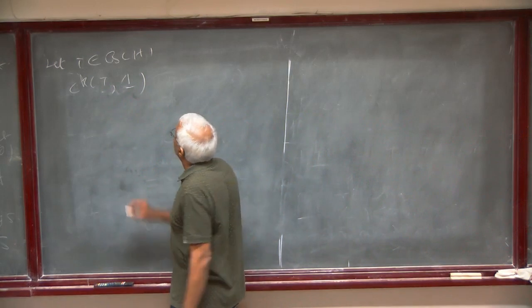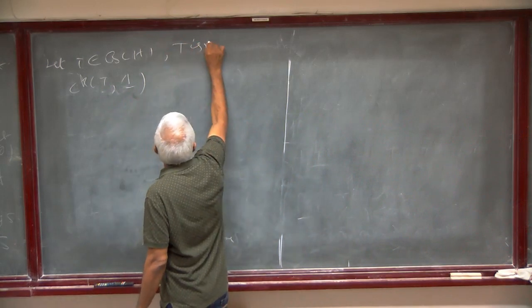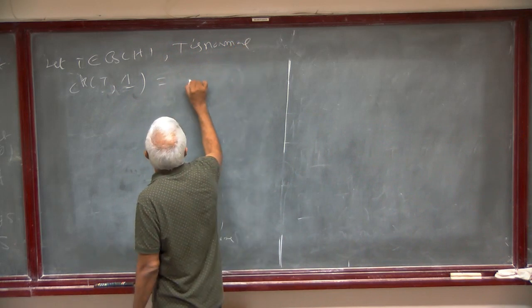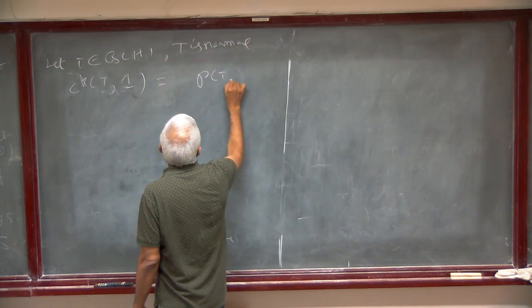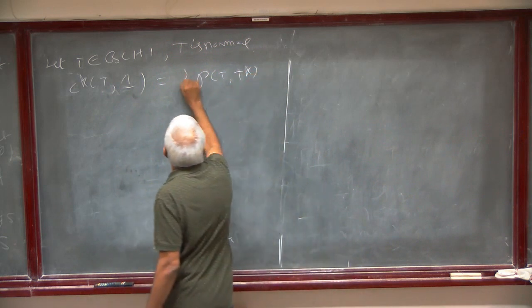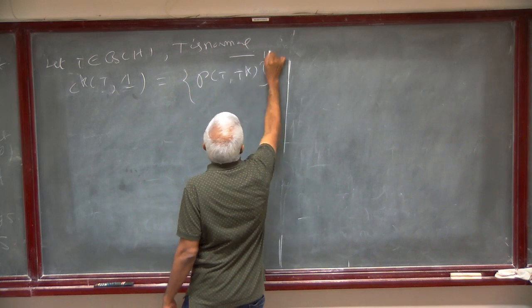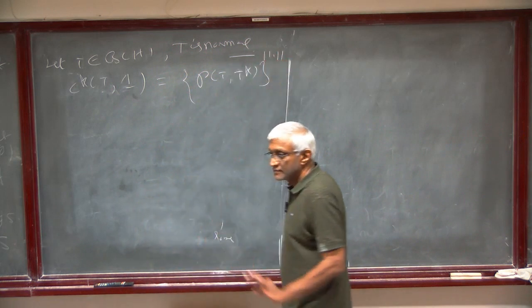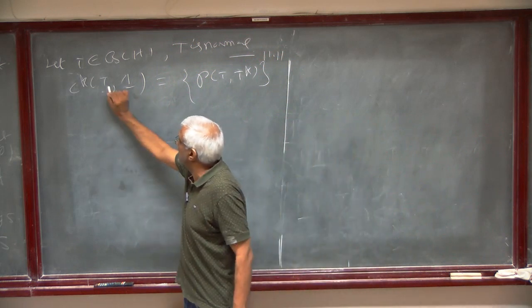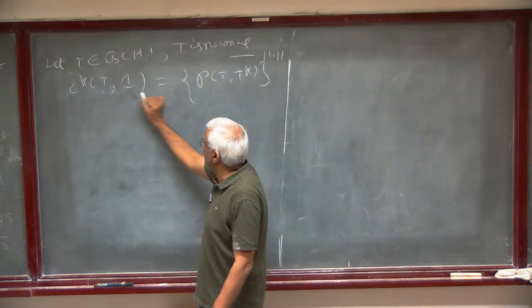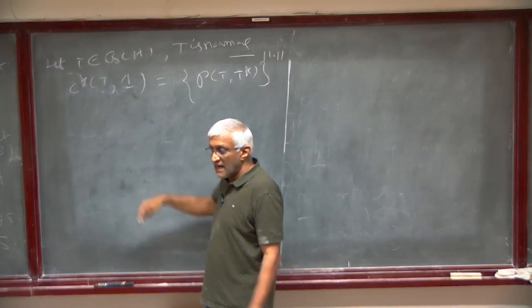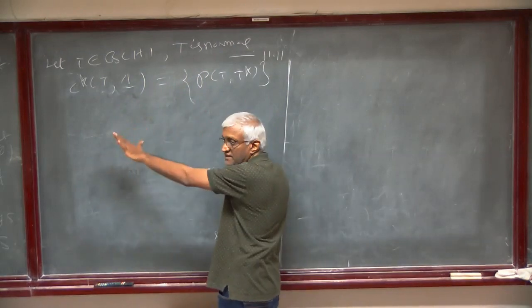If T is normal, then this is just all polynomials in T and T star, and then take the closure in the norm. Of course, the C star algebra generated by T and 1 contains all the constants and all the polynomials in T and T star. This direction is clear.